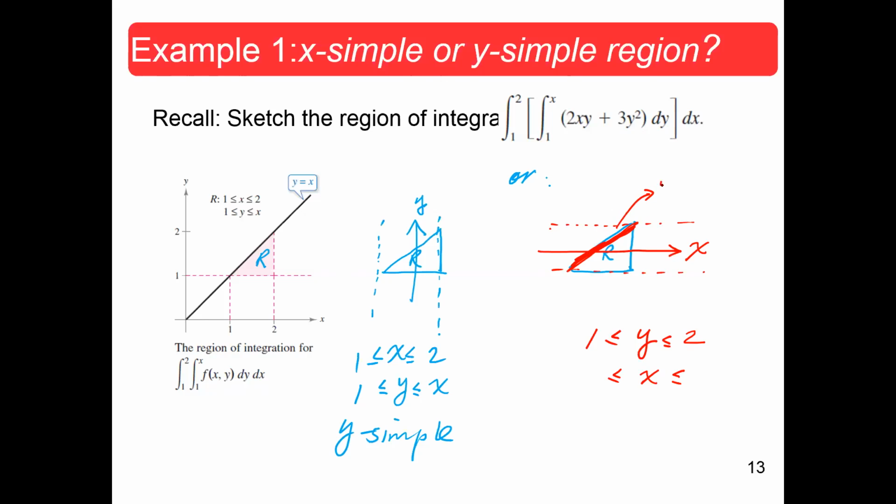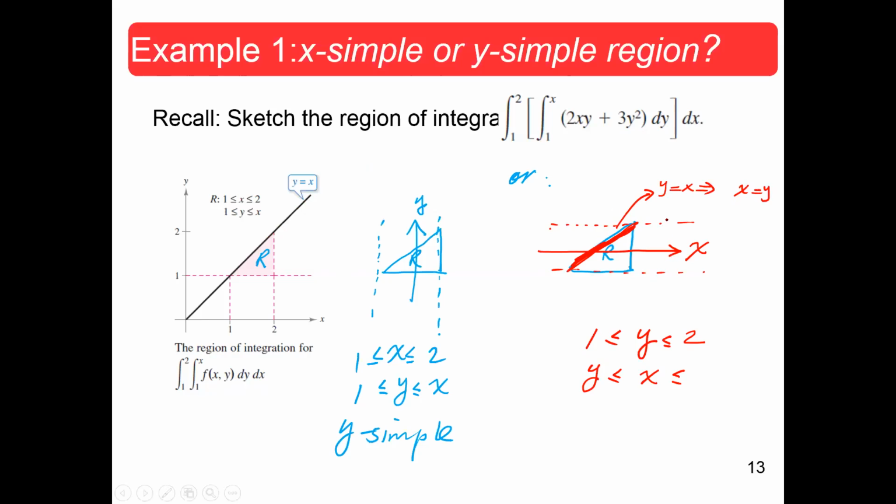It's y equals x, right? Which means another way we say it is x equals y, right? So the first function it intersects is x equals y. So y would be its lower bound. Make sense?